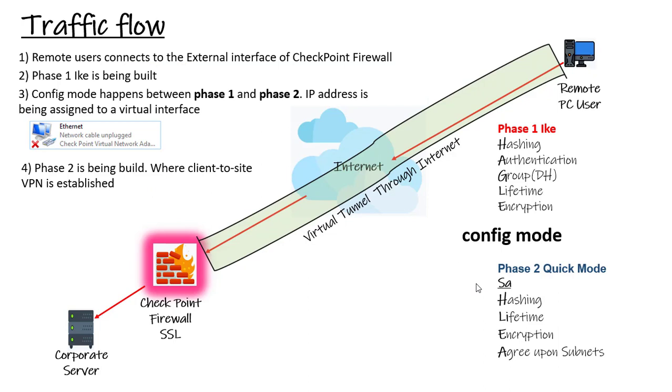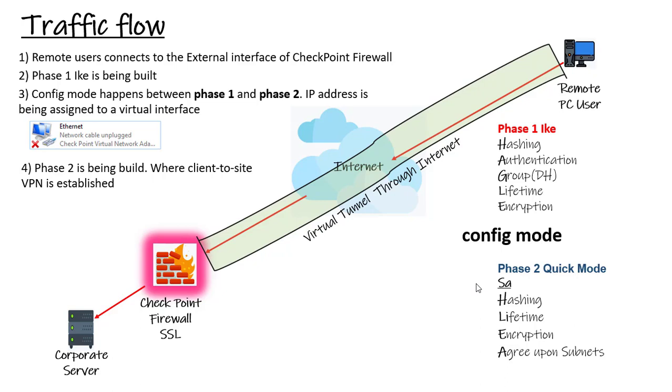Right after the IP address has been assigned to our virtual adapter, the second phase is being built. This is where we establish a client-to-site type of connection. The whole point here is to agree upon subnets. We define a user pool, their subnets, and we define our encryption domain, and we have to agree on that connection.